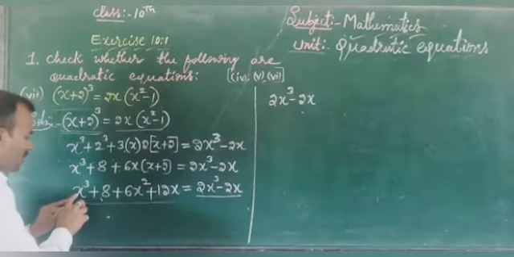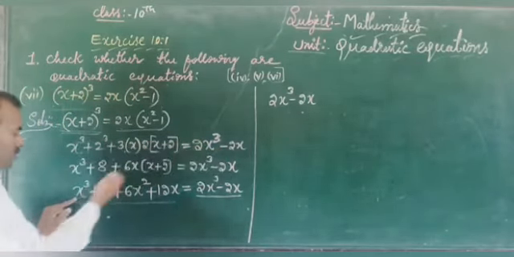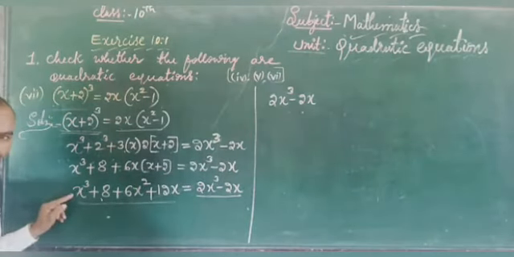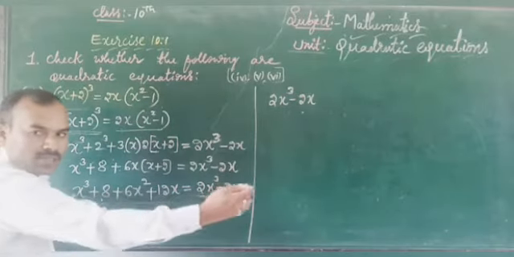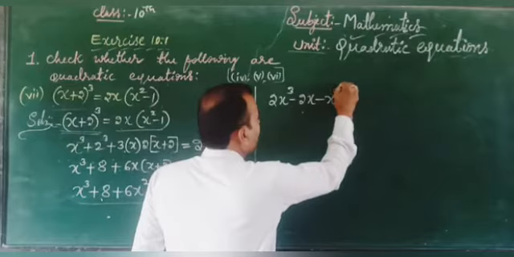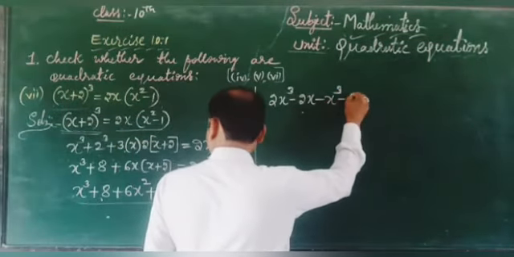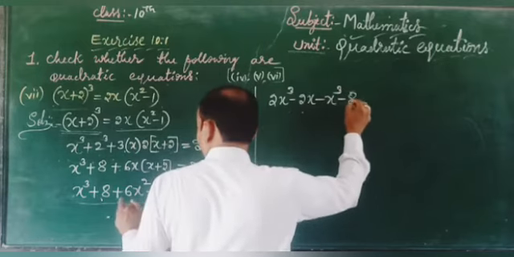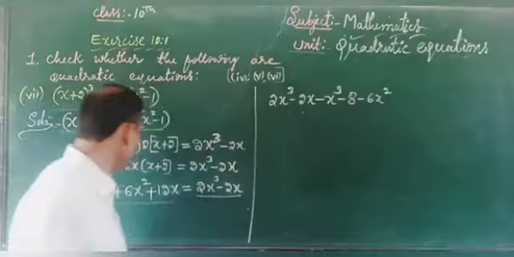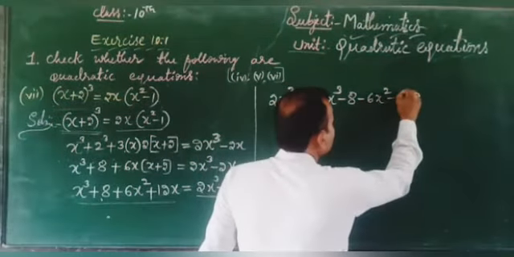Here plus x cube is transposed into RHS, so it becomes minus x cube. Plus 8 becomes minus 8, plus 6x square becomes minus 6x square, plus 12x becomes minus 12x.